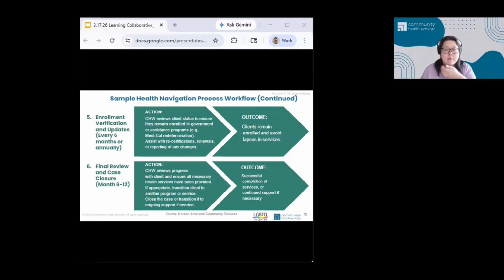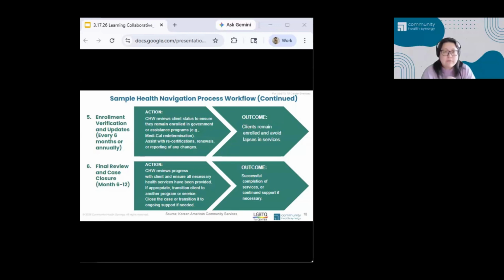So this is, again, like I had mentioned, really important now with new eligibility redetermination rules, where every 6 months you have to prove that you still need Medi-Cal. So again, really timely for the role of a CHW functioning as a navigator, so they can help the client review their status, ensure that they remain enrolled, and assist with any recertifications, renewals, and reporting of changes. And then the outcome here is that the clients remain enrolled and avoid lapses in services.